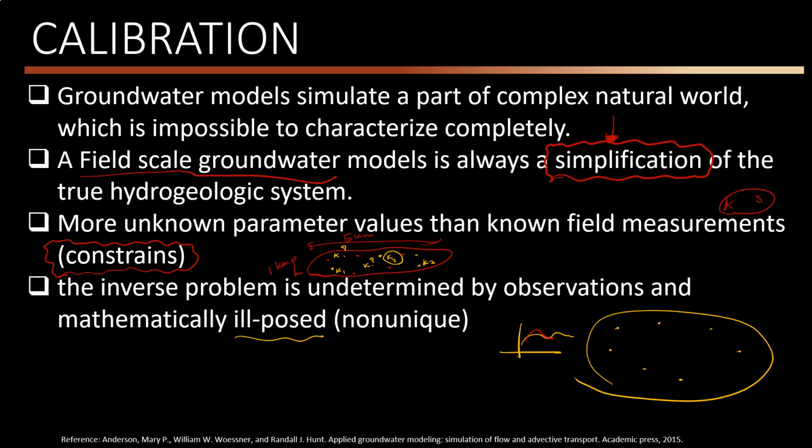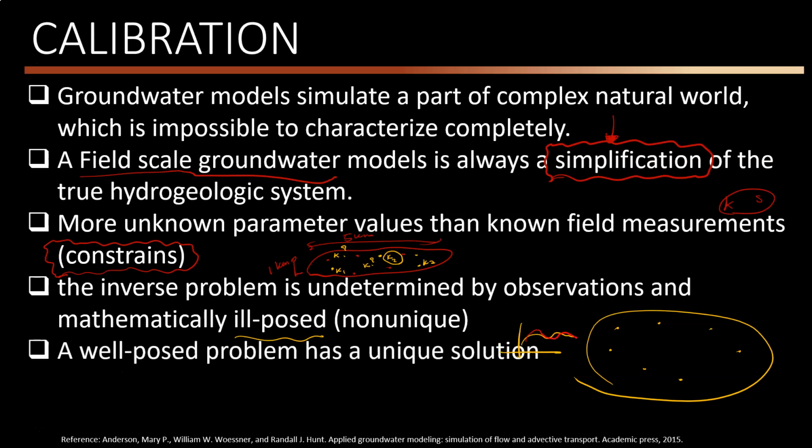For example, if this is the observation and simulated at this point, there are multiple scenarios of the distributed K values or S values here, which can create a reasonable and close simulation. That's why our groundwater models are inherently ill-posed, or they suffer from non-uniqueness.